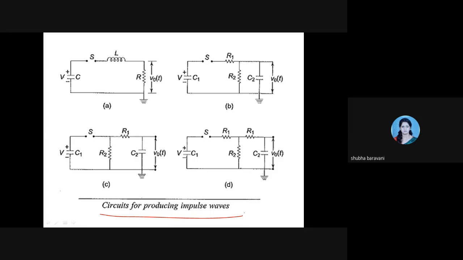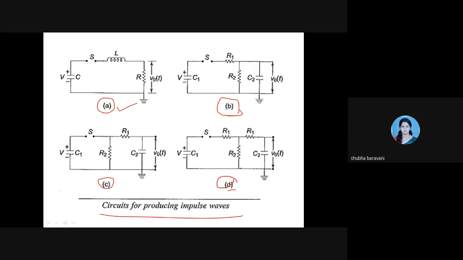Now we have to analyze these circuits one by one and calculate the value of the constants alpha and beta. I'll give you the analysis for circuit A. You have to carry out the similar analysis for B. B and D are same, and C. I'll explain the analysis for A; B, C and D you have to do.